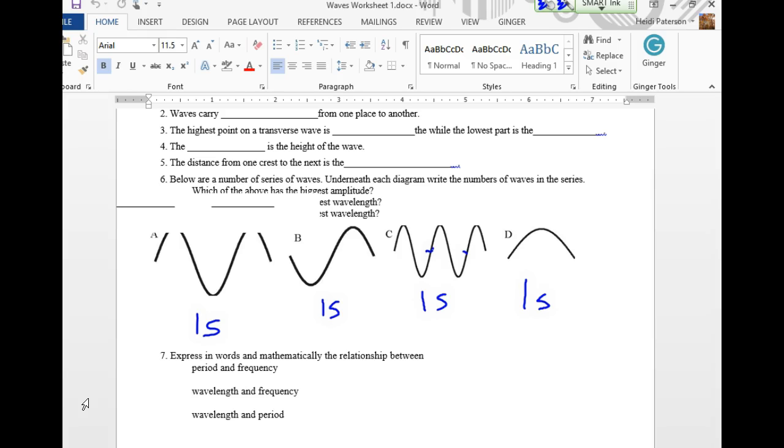So 1 second is 2.5 waves. So this period is going to be 4 seconds per 1 cycle.